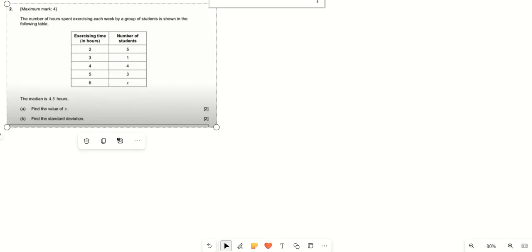Now B, we have to find the standard deviation. So the standard deviation is sigma, and there's a formula for that in the booklet.